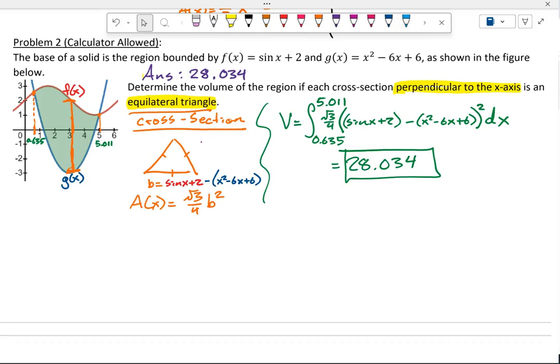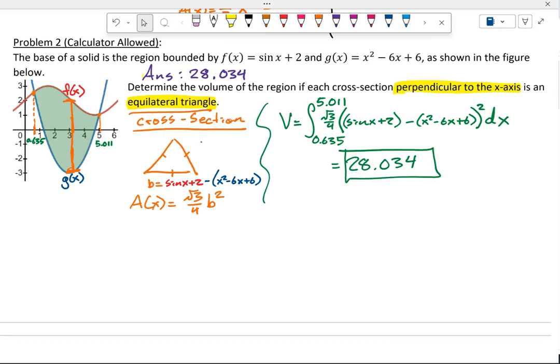Inside should be rad3/4. And then our base, the sine of x plus 2 minus x squared minus 6x plus 6, all that squared. Please be careful that you are using appropriate parentheses, or that you simplified your b appropriately.